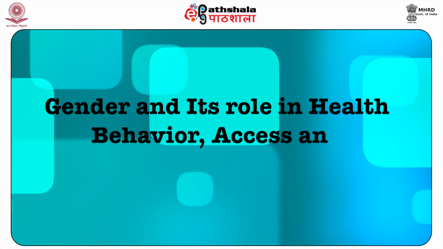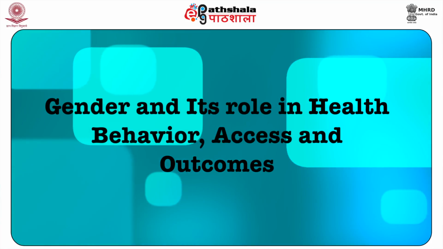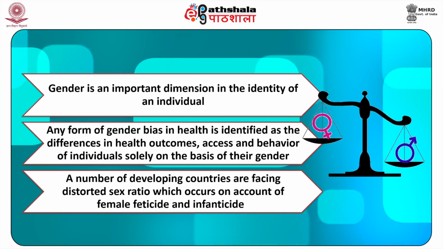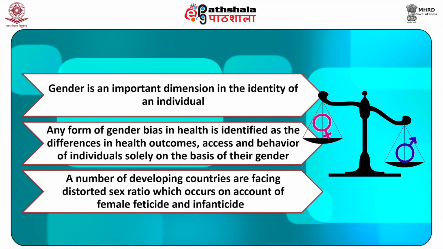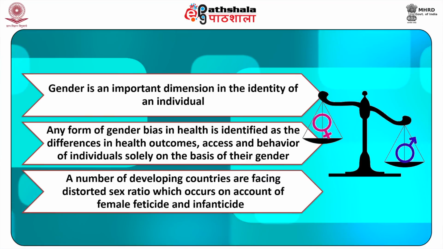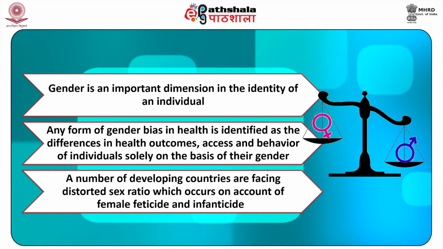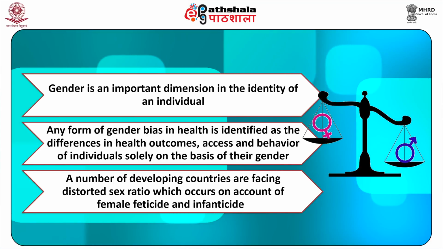Gender and its role in health behavior, access and outcomes. Gender is an important dimension in the identity of an individual. Any form of gender bias in health is identified as the differences in health outcomes, access and behavior of individuals solely on the basis of their gender.